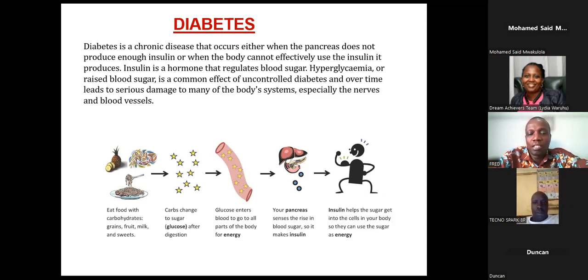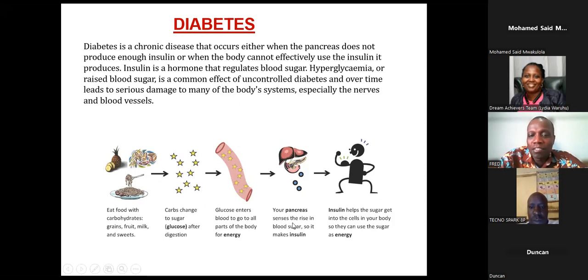Now, if you look at the screen there, it explains to you what happens. You eat food which has carbohydrates. The carbohydrates change to sugar, glucose, when they enter the digestive system. Now, glucose enters the bloodstream, and it goes to all parts of the body for energy.